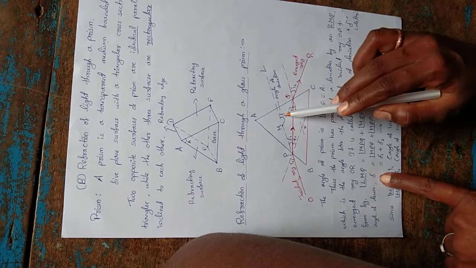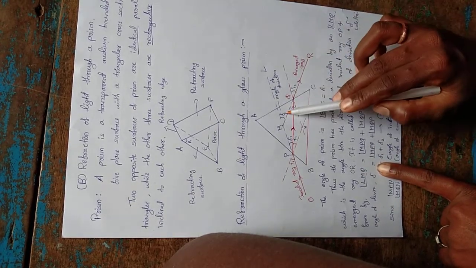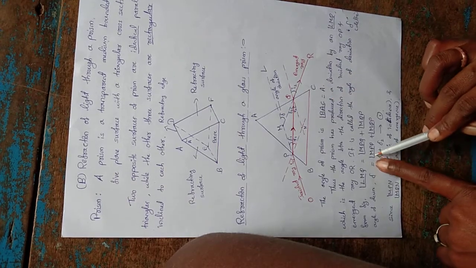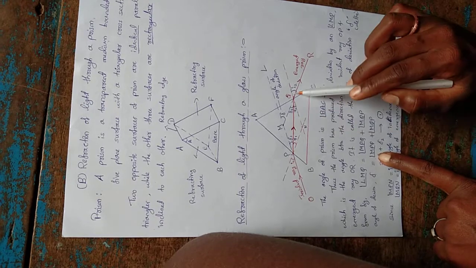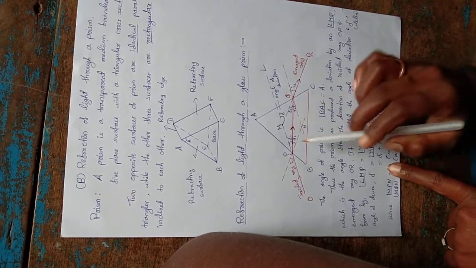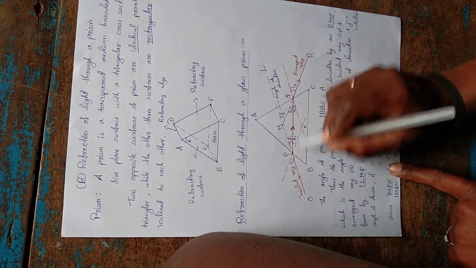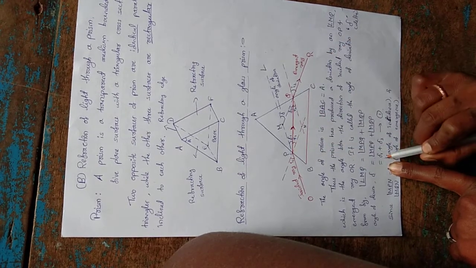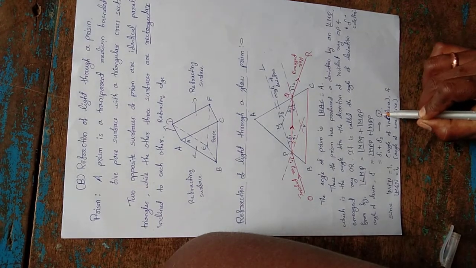Angle of deviation delta is equal to this LMQ. Right, delta is equal to angle MPQ plus angle MQP. MPQ is how much? Delta 1, and MQP is delta 2. Delta equals delta 1 plus delta 2, that is equation number 1.